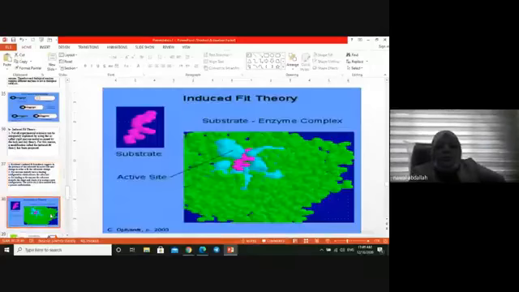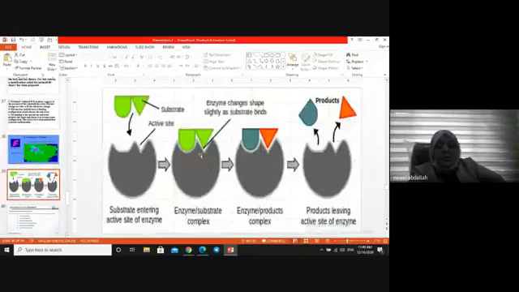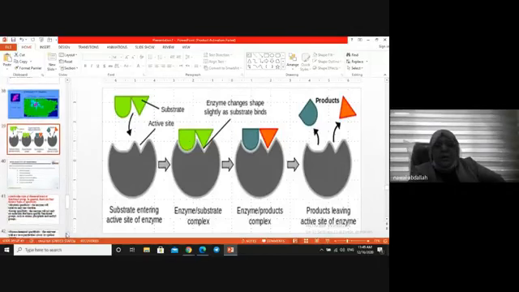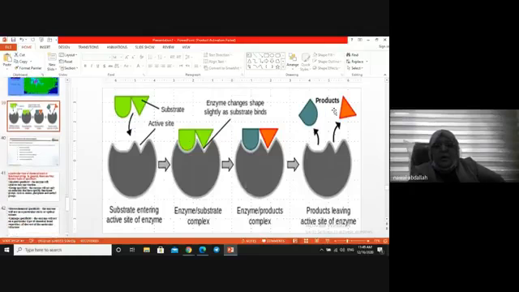This figure explains the induced fit theory, and it also shows that the enzyme will change its shape according to the shape of the substrate. After the product appears, the product will leave the enzyme freely.